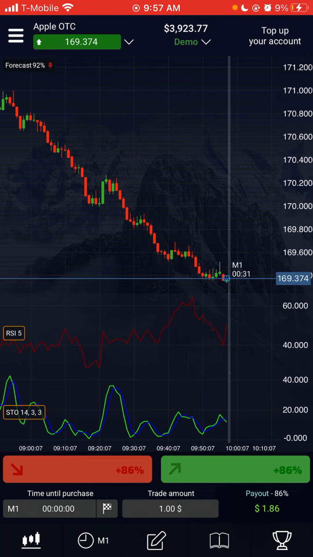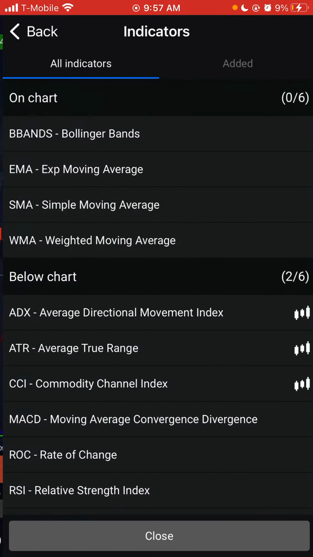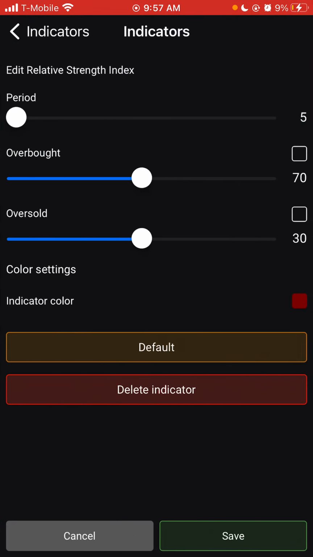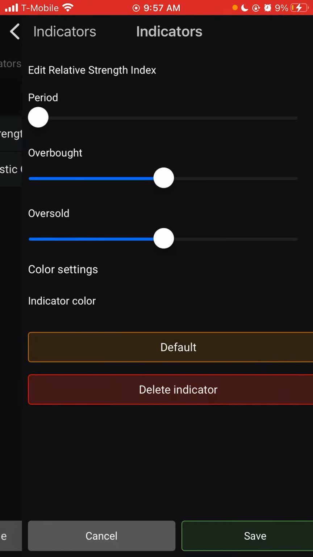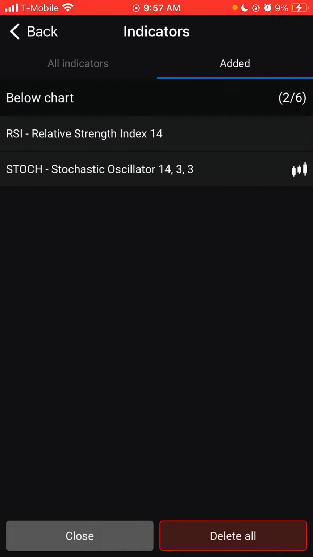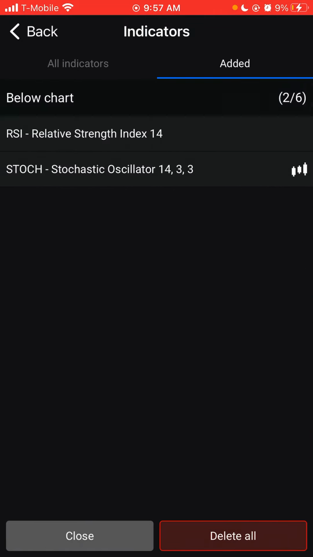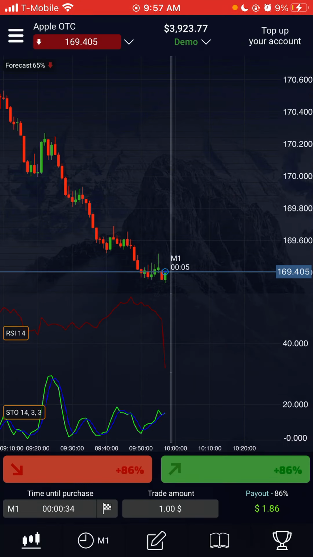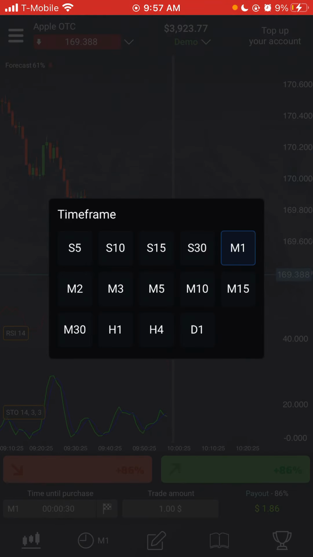So this strategy is really simple. Let me see if I can change this up. Okay, and let's get our time frame.